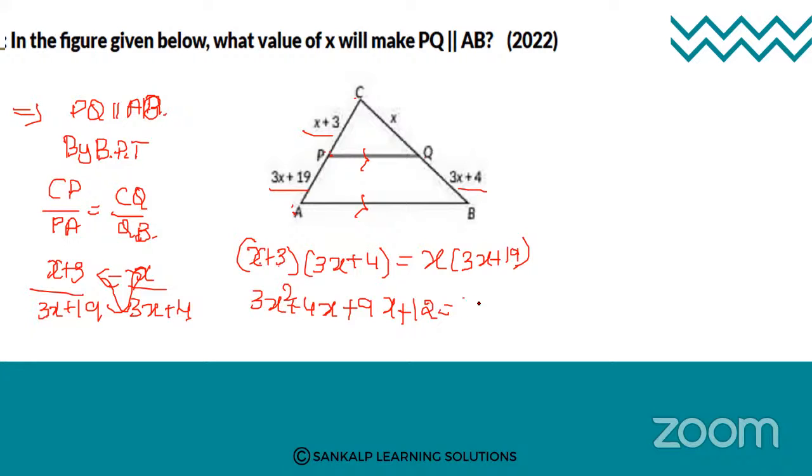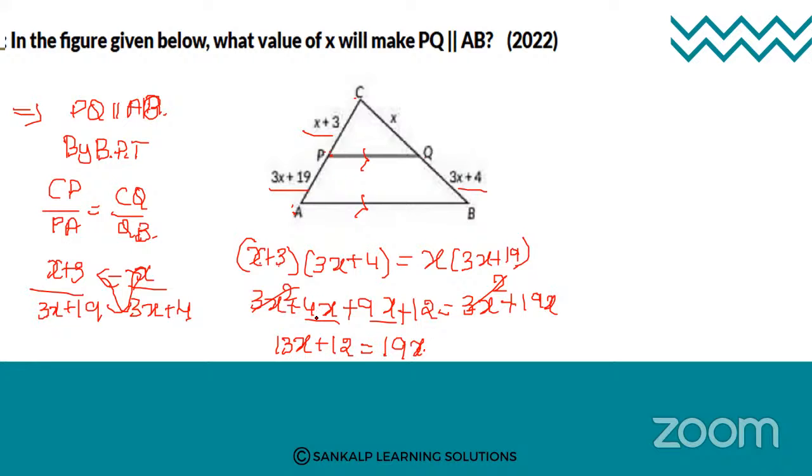On the other side, x into 3x is 3x square plus 19x. Now here 3x square is there, here also 3x square is there, so it will get cancelled. 4x plus 9x is 13x plus 12 is equal to 19x.